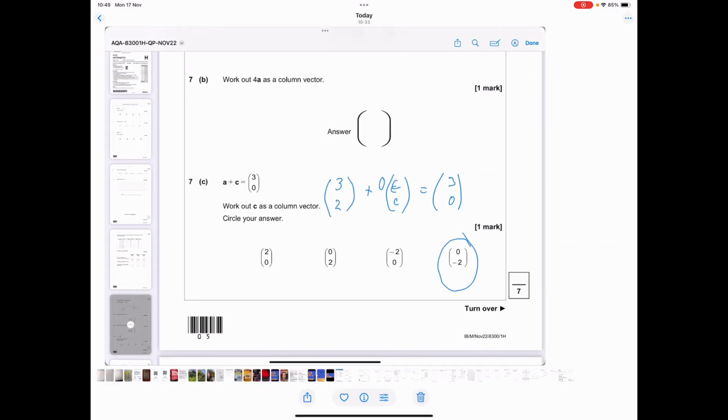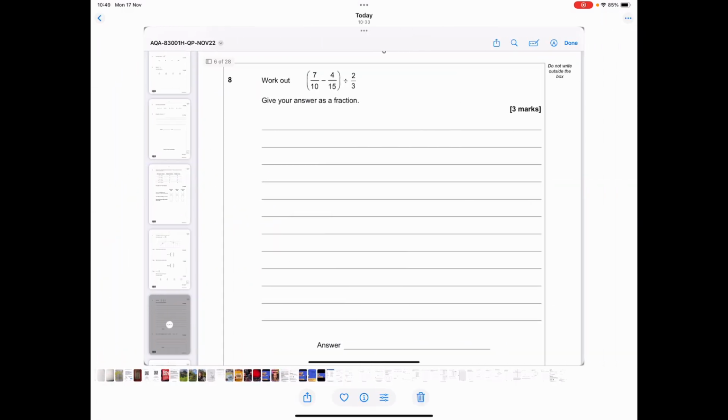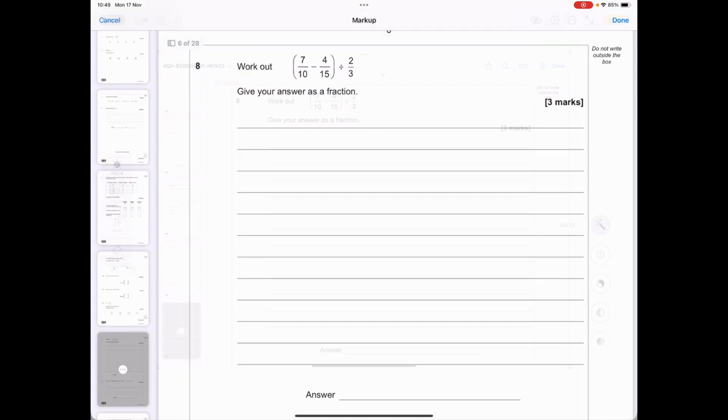Okay, moving on. Work out 7/10 minus 4/15, divided by 2/3. This one you'll probably remember from being a student, a small student even. 10 and 15, what's their lowest common denominator? If we wrote down the 10 times table... somebody told me about doing this the other day and just leaving out one thing and it being a bit of a disaster.